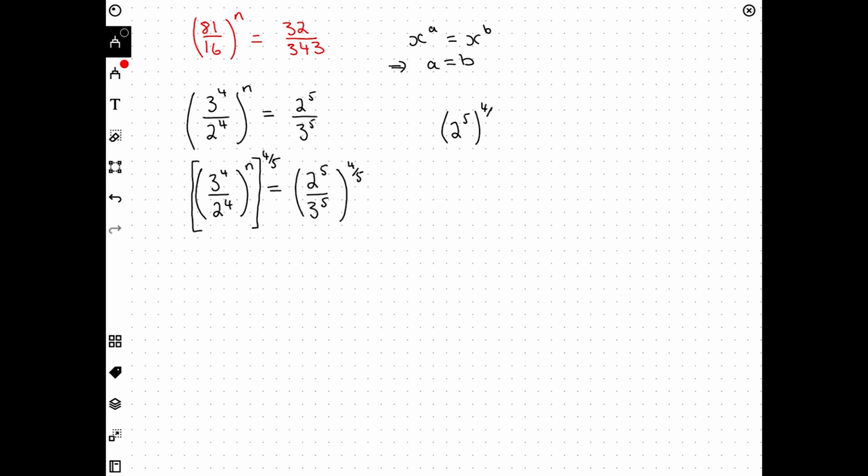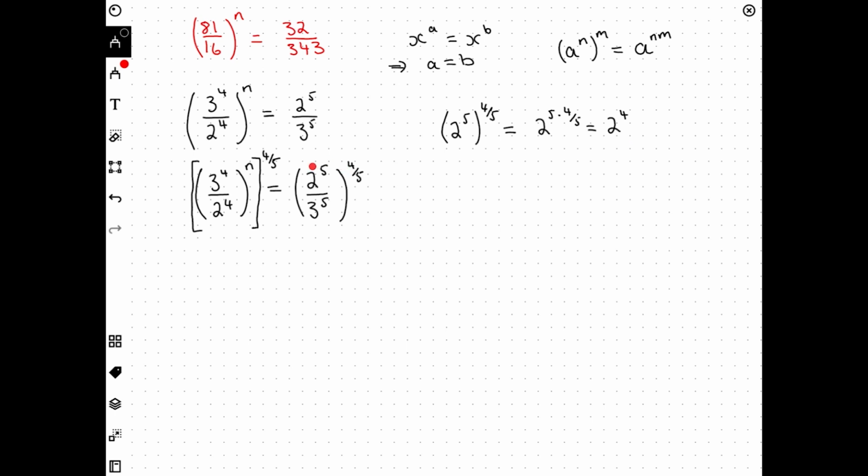this here, for my index rules, a to the n to the m is the same as multiplying these two powers together. So here I know that 2 to the 5 multiplied by 4 over 5 will equal 2 to the 4.